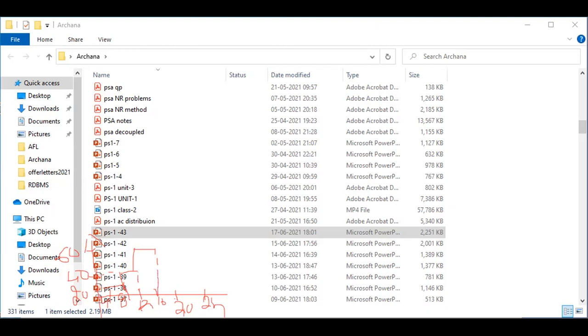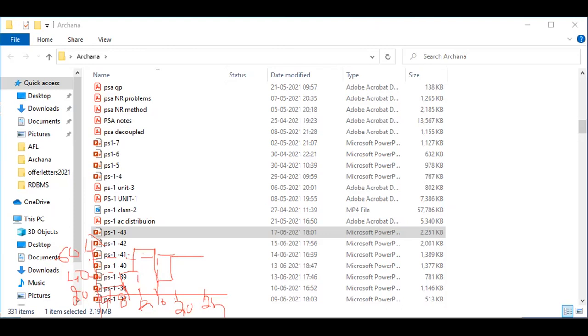Next, 16 to 20, 20 megawatts. Next, 20 to 24, 50 megawatts.